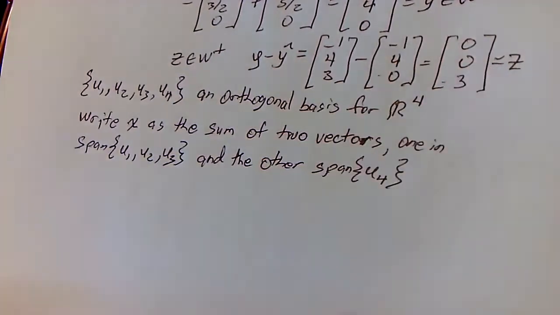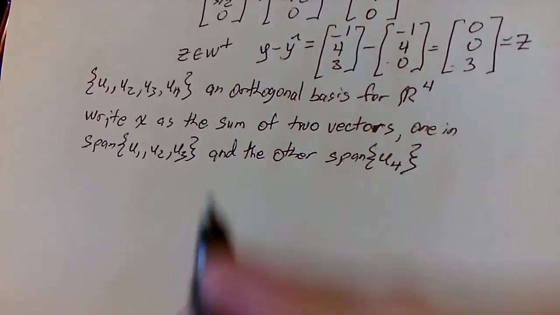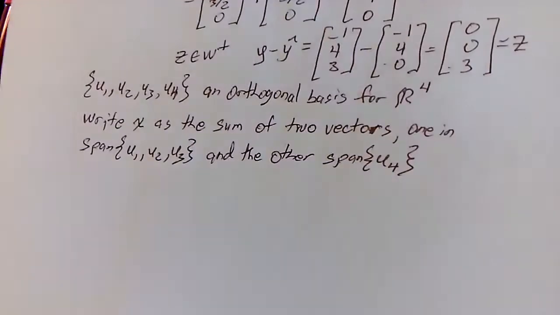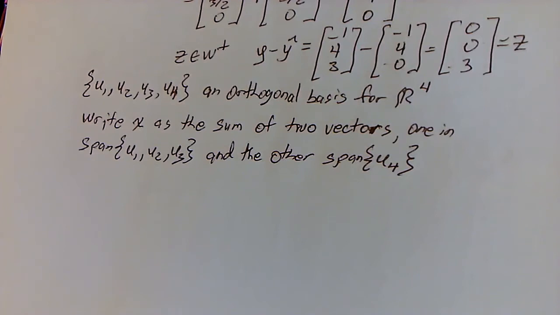So I've split my space that has U1 through U4 into two separate subspaces, one that's U1, U2, U3, and one that's U4. And I want to get two vectors that when I add them together, I get my new vector y, or my previous vector x. Okay, so I called it x this time.